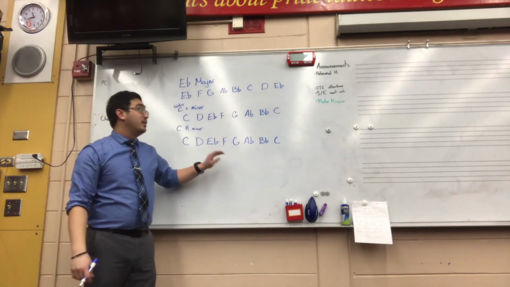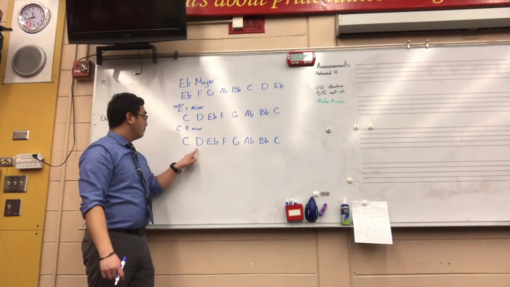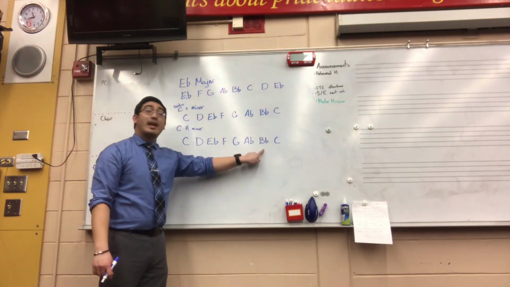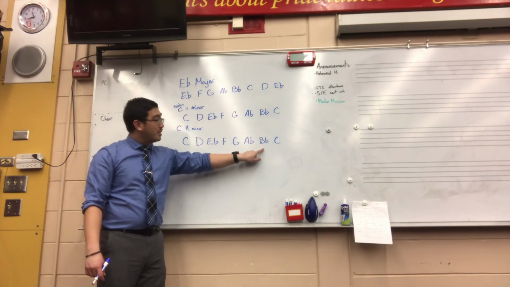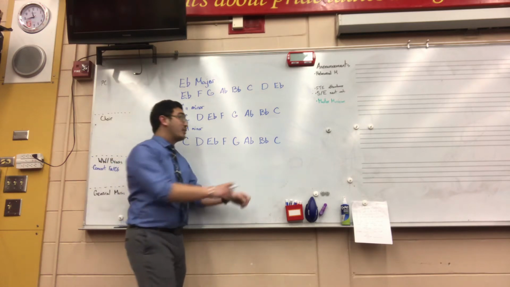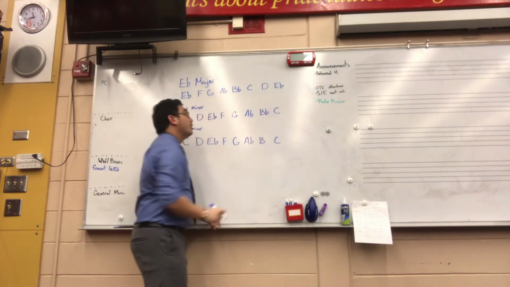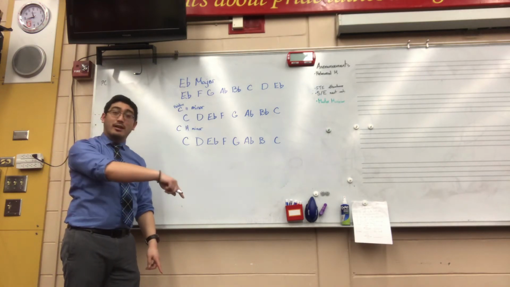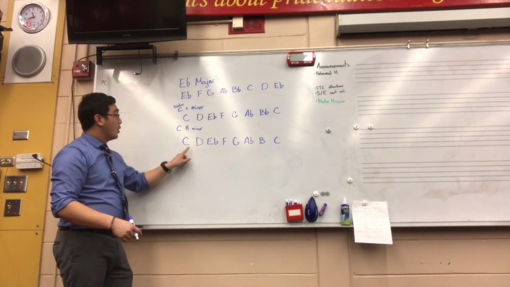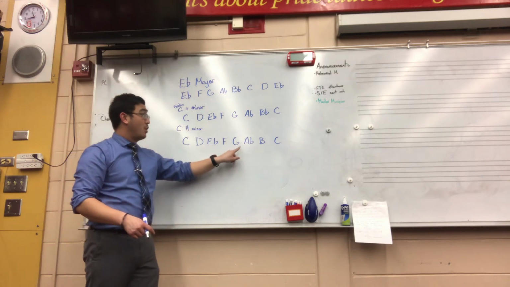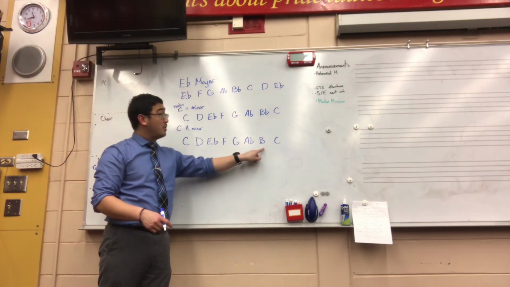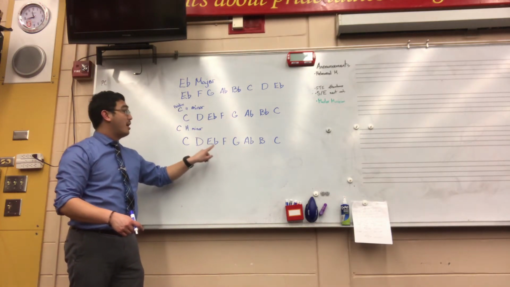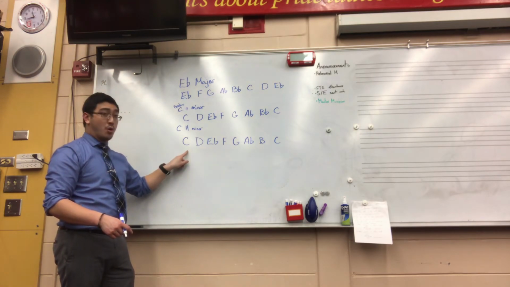Now, we're going to need to find scale degree 7 and raise it a half step. B flat becomes B natural. Just like the natural minor, the notes ascending and descending are the same. Do, re, mi, fa, sol, la, ti, do, ti, le, sol, fa, mi, re, do.